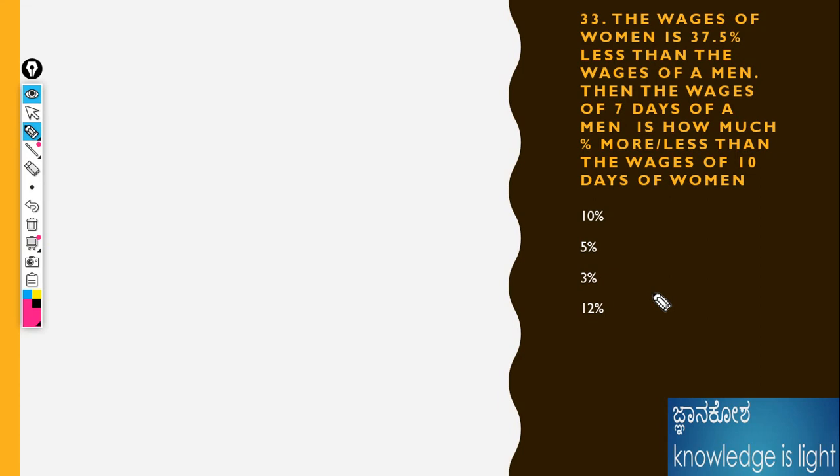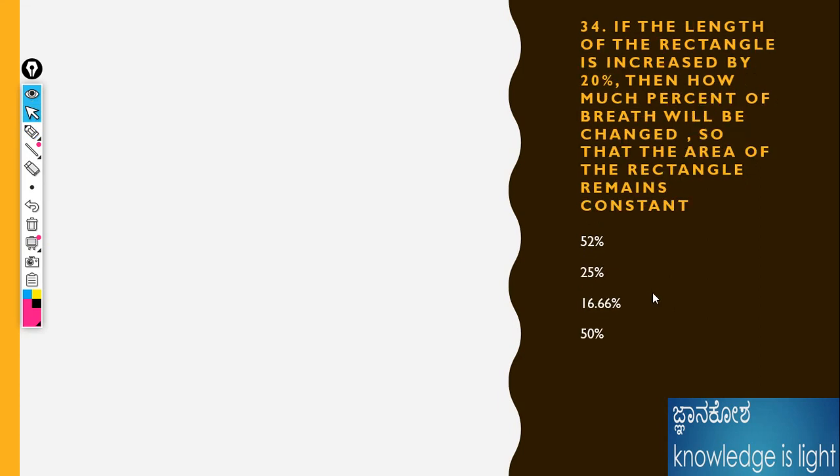Okay, next problem. If the length of the rectangle is increased by 20%, then by how much percent will the breadth change?